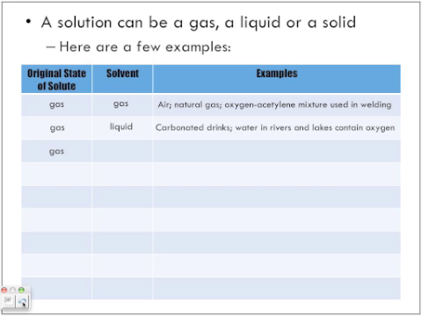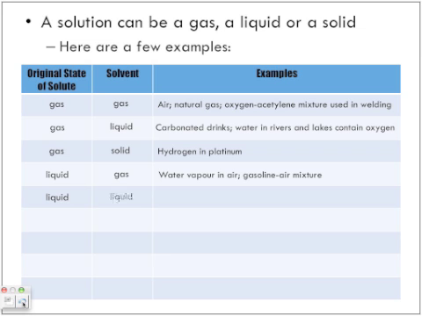and gas can also be dissolved in solids, as you would find hydrogen in the metal called platinum. Liquid can be dissolved in a gas. So we have water vapor in the air. When temperature increases, the water that evaporates can turn into a gas form and actually dissolve in the atmosphere. Gasoline air mixture is another example.